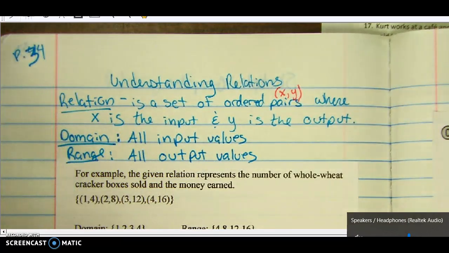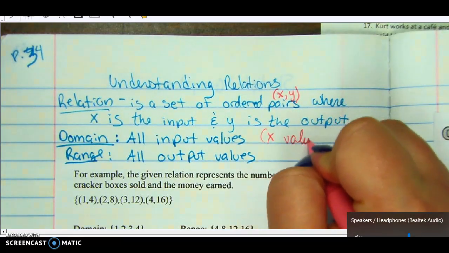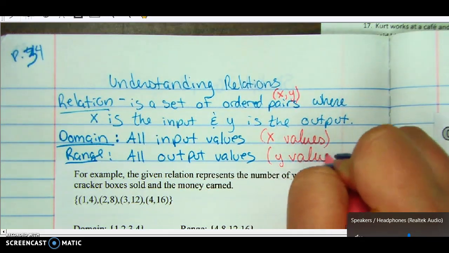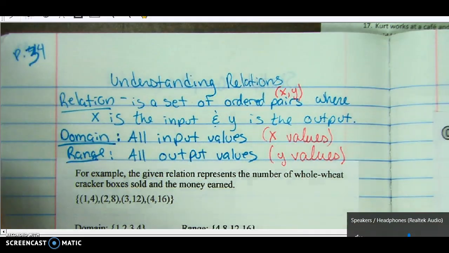So again, the domain had been all X values, and the range was Y values. So we're going to slightly change that to being input versus output.